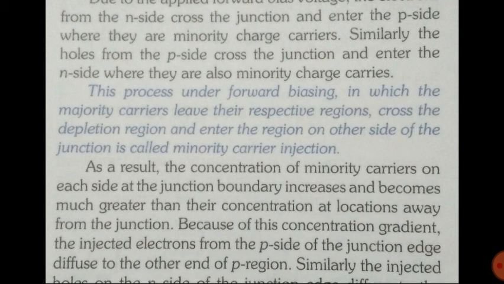Because of this concentration gradient, the injected electrons from the p side of the junction diffuse to the other end of the p region. Similarly, the injected holes on the n side of the junction edge diffuse to the other end of the n region.